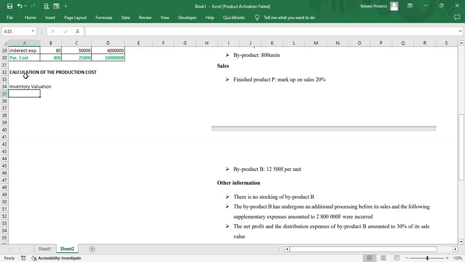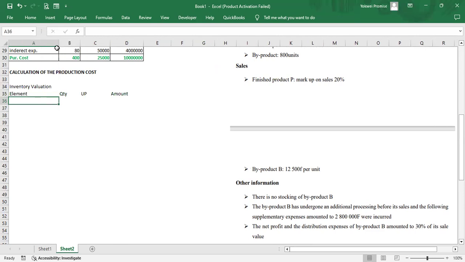So we are going to have a table of 3 columns, as usual: element, quantity, UP, amount. Let me increase this.